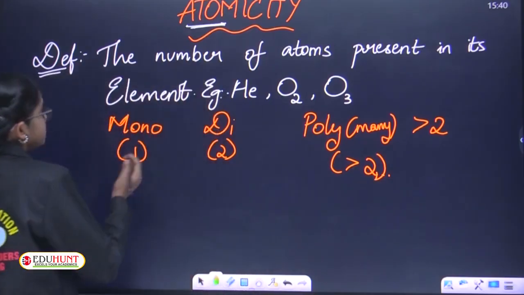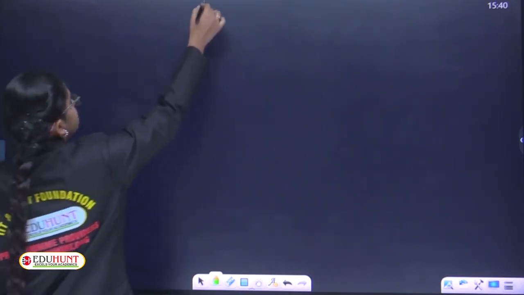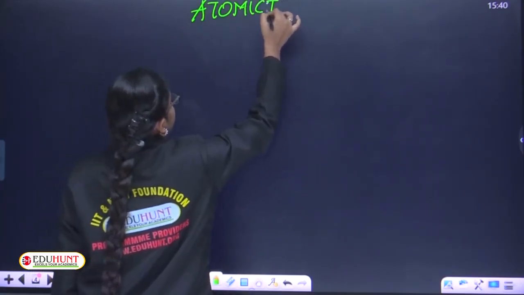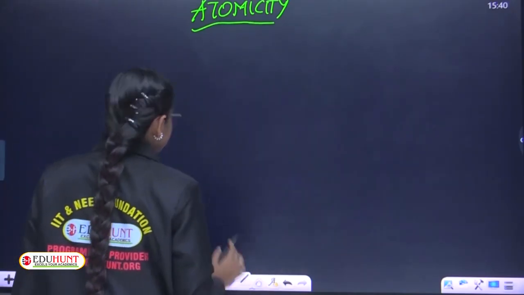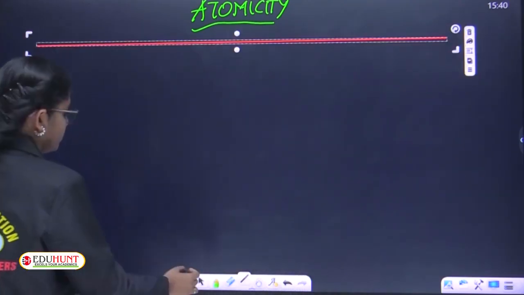So for clear classification, let me draw you a flow chart. Yes. So atomicity, atoms are classified. Okay, in atomicity we have classification based on the number of atoms present in the element. Okay, children.